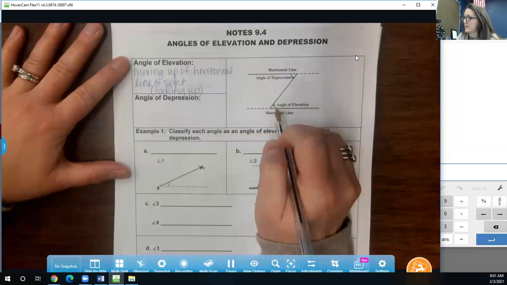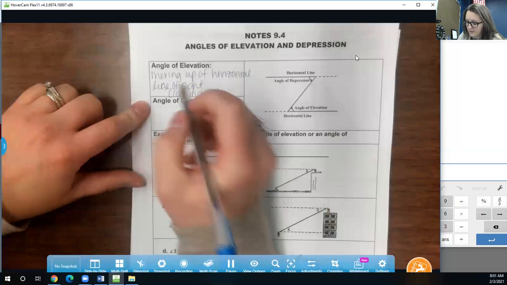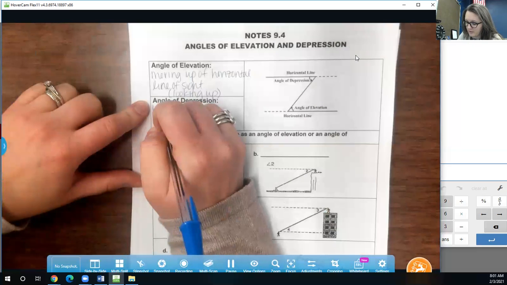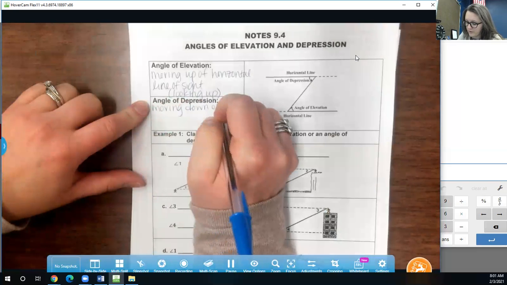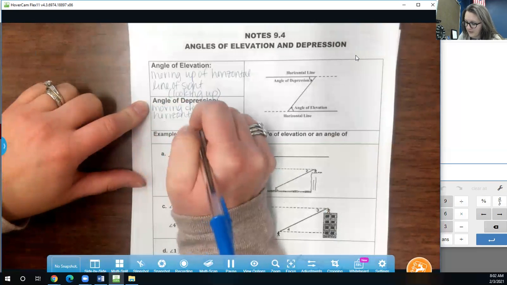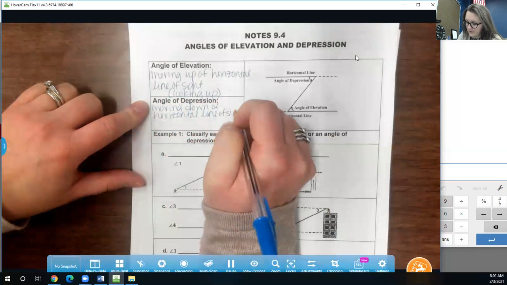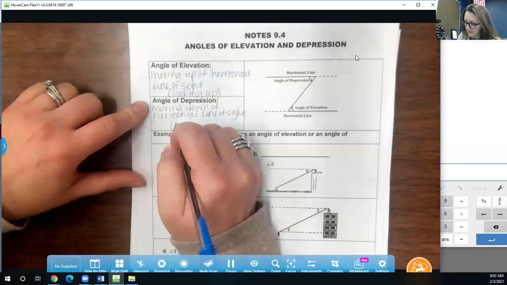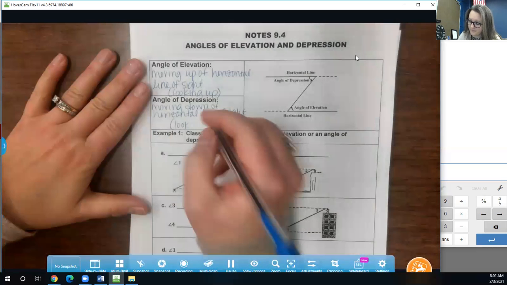So here's an example of an angle of elevation, and angle of depression is just a moving down. So think of moving down of horizontal line of sight. So think about looking down, right? If you're looking down, you have an angle of depression.